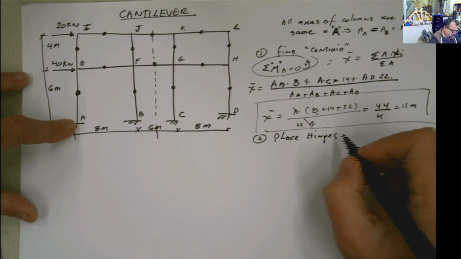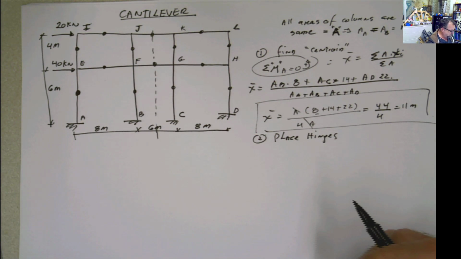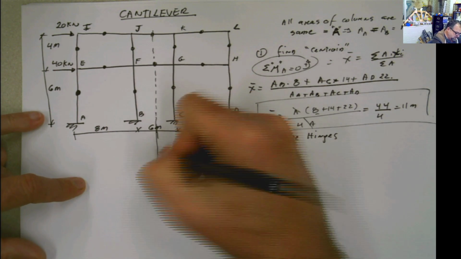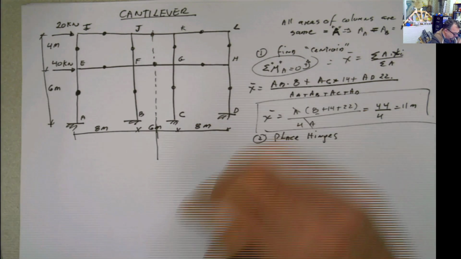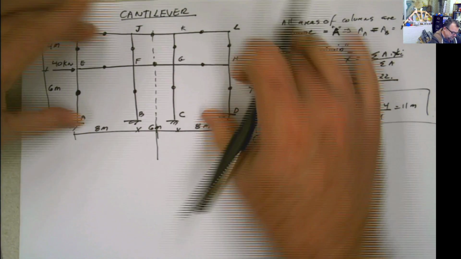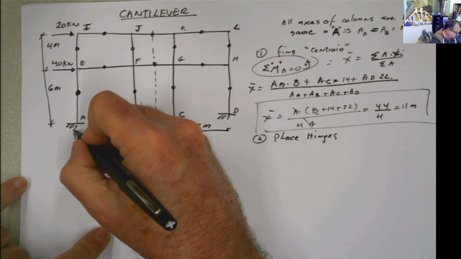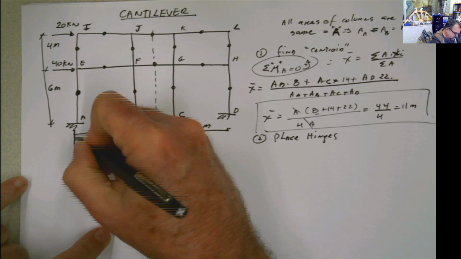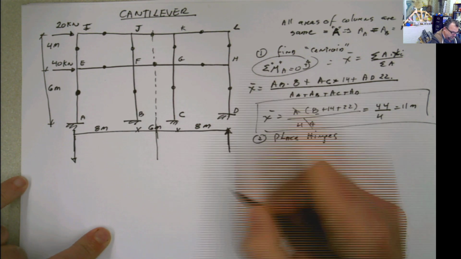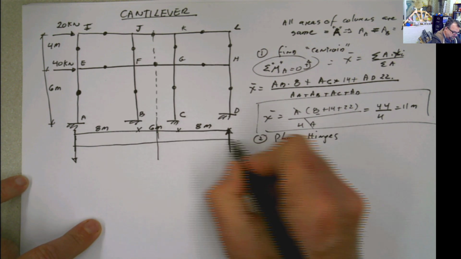Hinges are placed. Now we proceed to calculate whatever we don't know. This centroid, if this is the load that is applied in this direction, and I consider the whole thing as a cantilever, once these start moving in this way, these columns are going to have to keep it into place, like that, and this is going to be pushing in that way, with the central point at the centroid being the 0 line.